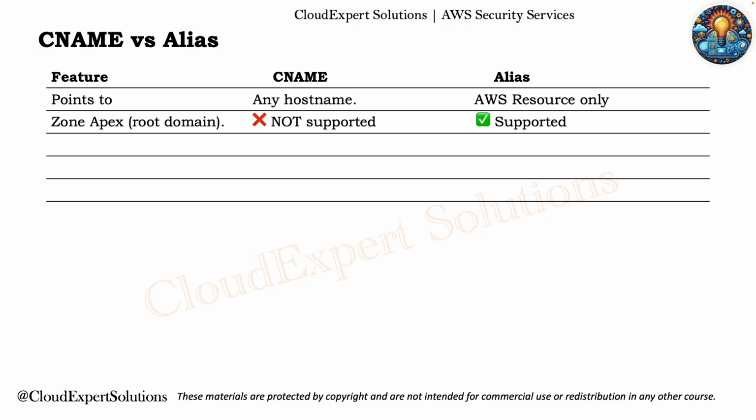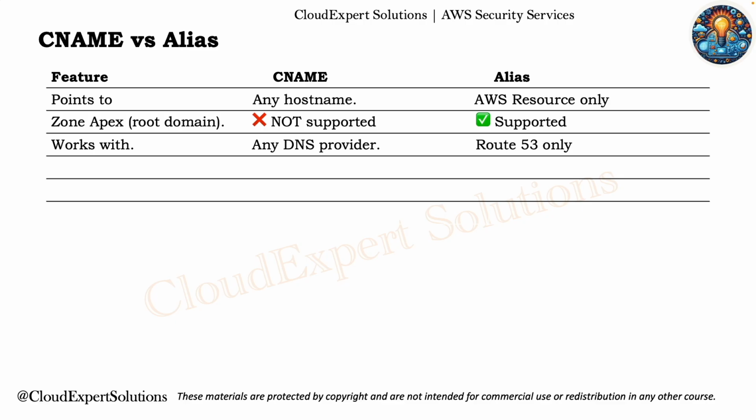A CNAME record cannot be used at the zone apex. That's the root of your domain. If someone asks, how do I point cloudexpertsolutions.com, no www, just the bare domain, to my load balancer, the answer is an alias record. CNAME does not work here. Now CNAME can work with any DNS, however alias is specific to Route 53.